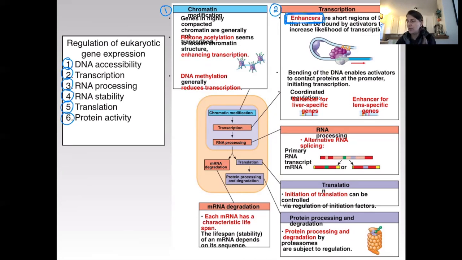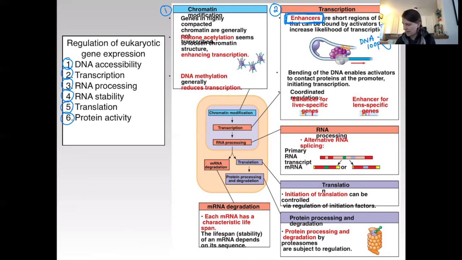And these enhancers can exist very, very far away from the gene of interest, actually like thousands and thousands and thousands of base pairs away. So you can get this DNA looping, right? So you can get transcriptional regulation from really far away from your gene, right? Enhancers are pieces of DNA where proteins can bind and therefore activate transcription, right?